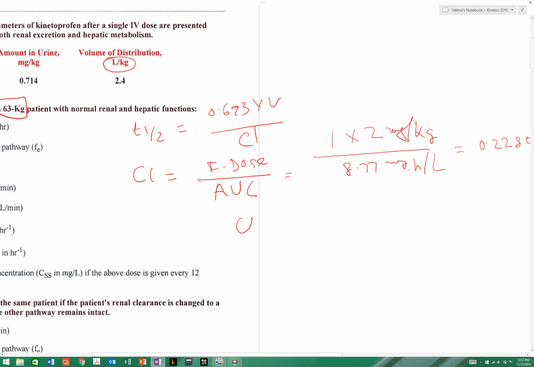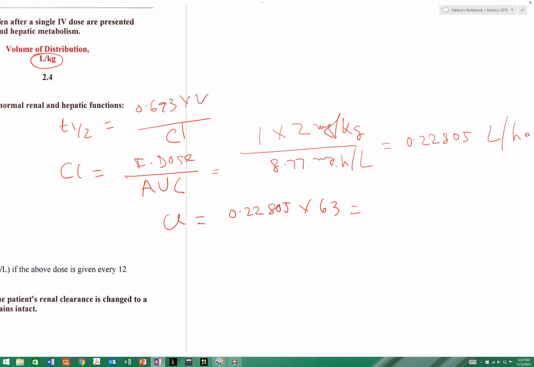So your clearance would be 0.22805 times 63, which is equal to 14.367 liter per hour. So now we have our CL.